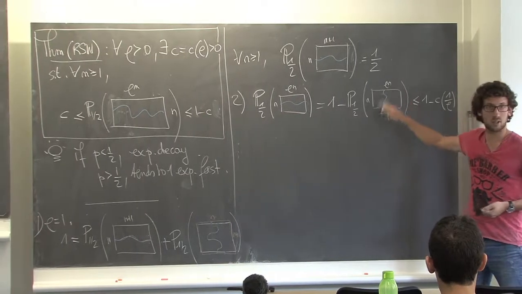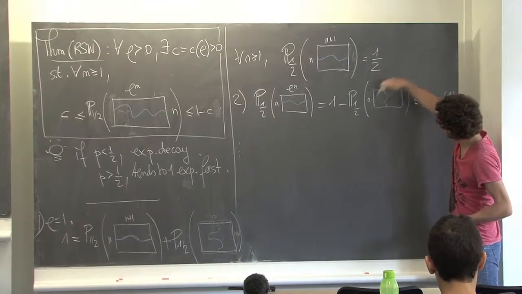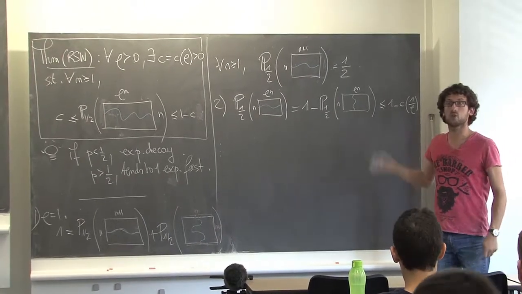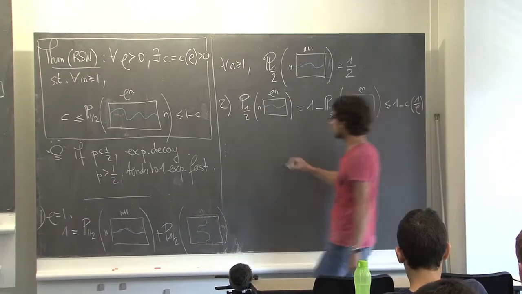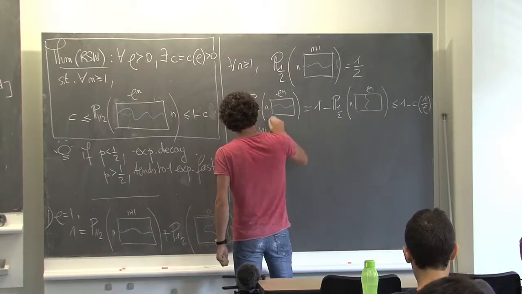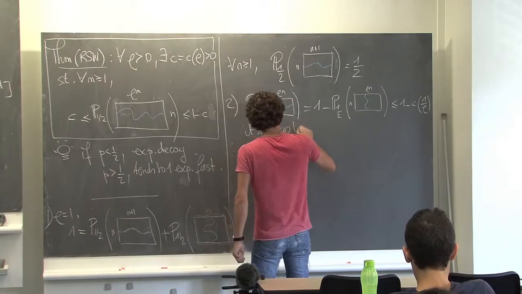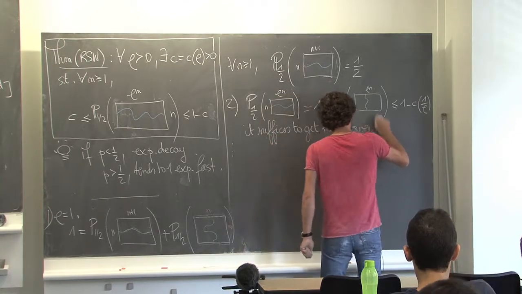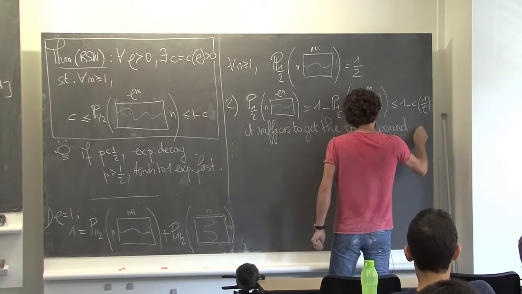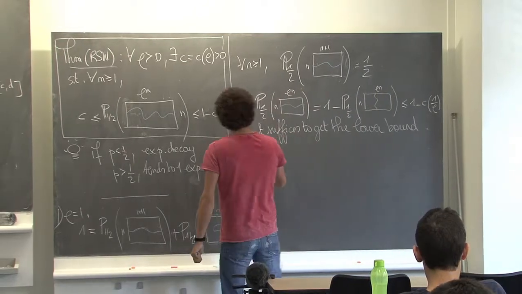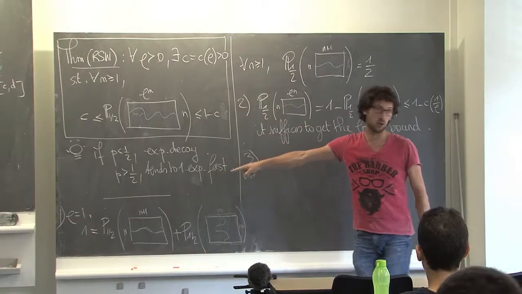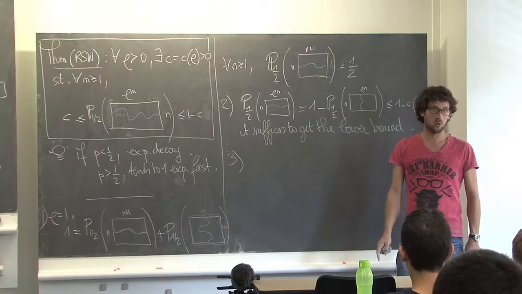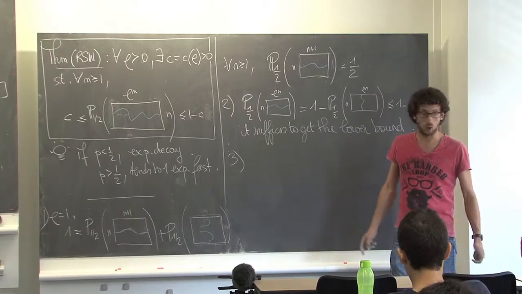For this guy is just percolation, but here the aspect ratio is 1 over rho. So it's sufficient to get the lower bound. So I have the lower bound for any rho smaller or equal to 1. I only need to get the lower bound for any rho.